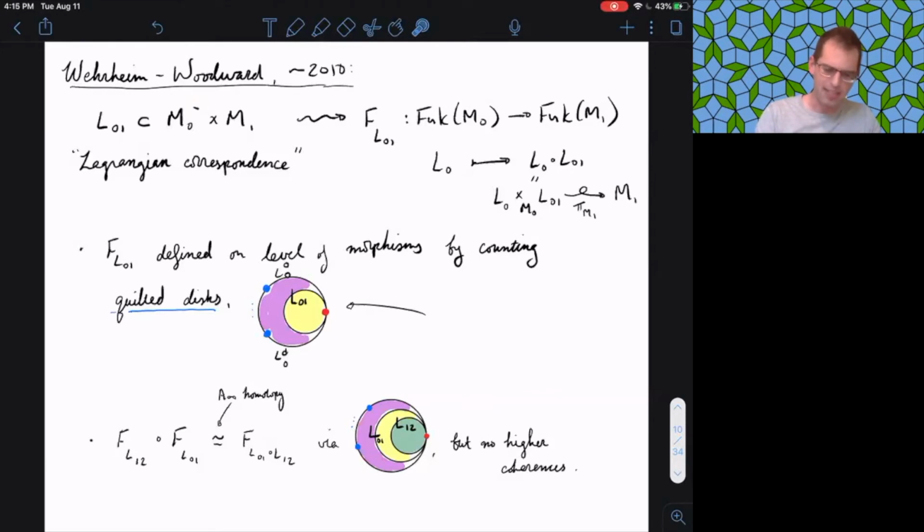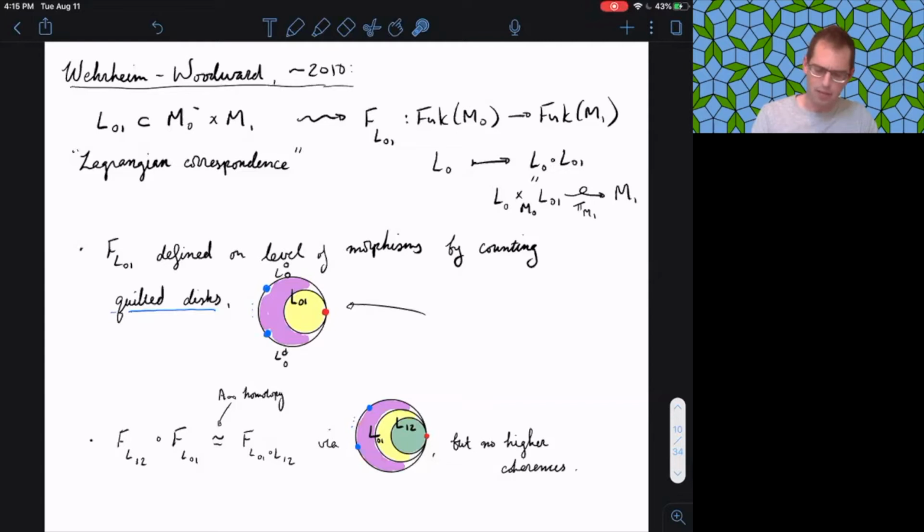We put this minus here because we flipped the sign of the symplectic form on the first symplectic manifold, which sort of leads to a reasonable theory. So for instance, once we've done that, the diagonal in M minus times M becomes Lagrangian. And so what they said is that that should induce a functor FL01 between the Fukaya categories.